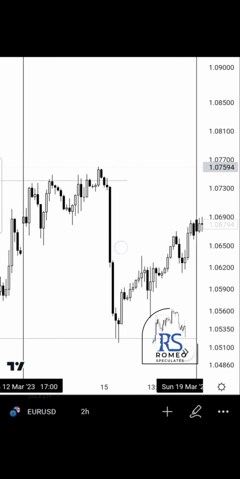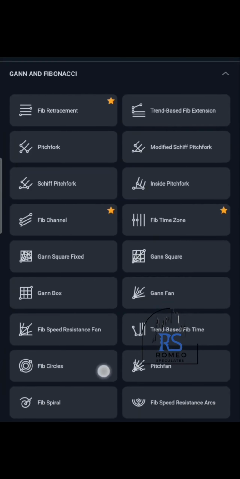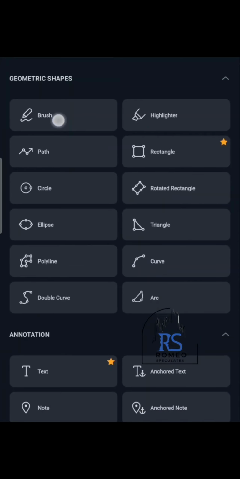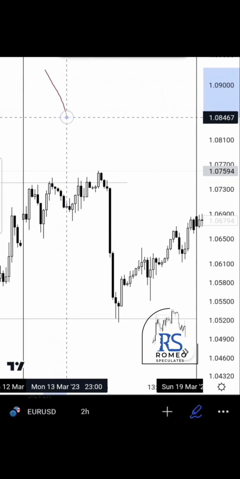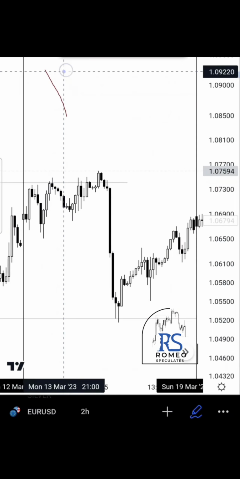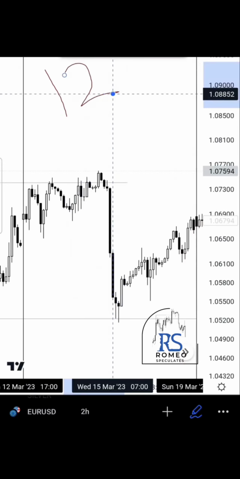So to recap about the higher time frame PD arrays and where we are relative to the higher time frame: number one, 20-day premium. Number two, 60-day rejection block liquidity pool, which has not been probed yet, which we're expecting to be attacked.